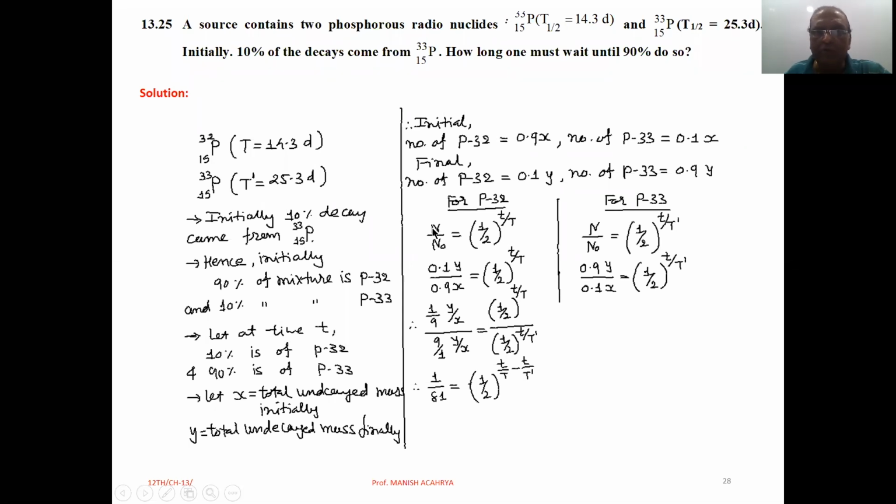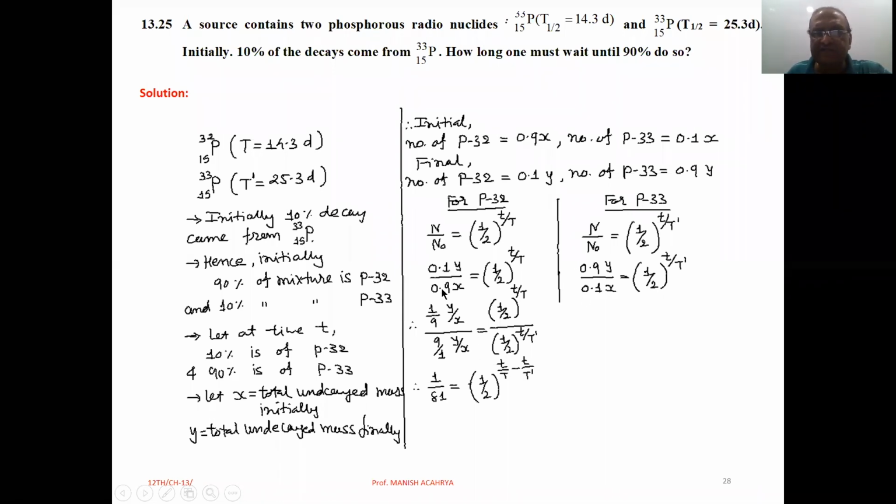Now for P32, N final is 0.1 y upon 0.9 x initial, equal to half raised to t upon capital T. Similarly for P33, final is 0.9 y, initial is 0.1 x, equal to half raised to t upon T dash. So now take the ratio of these two.